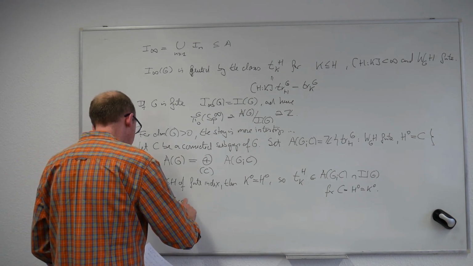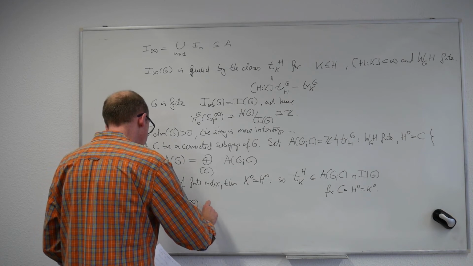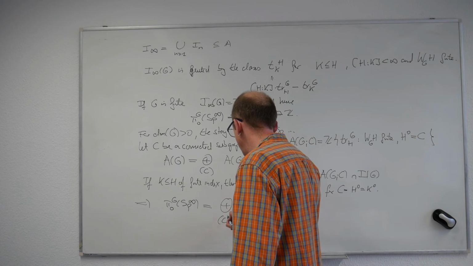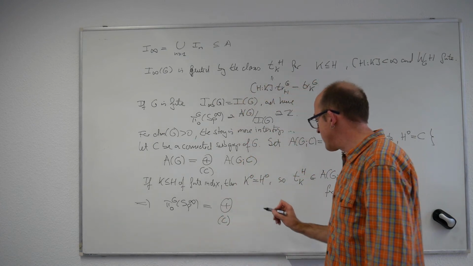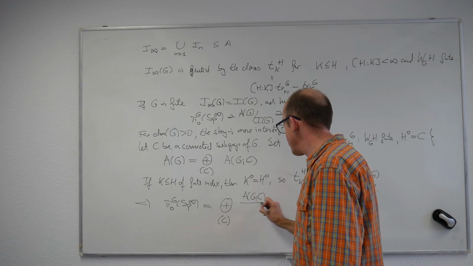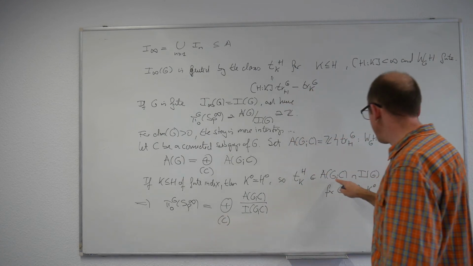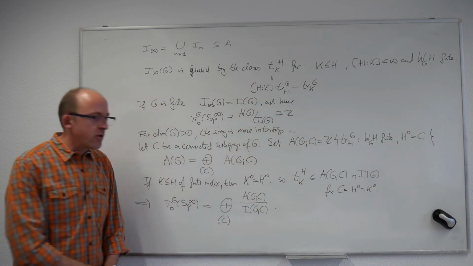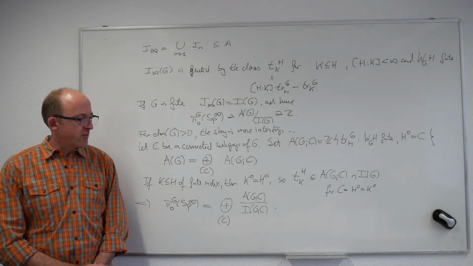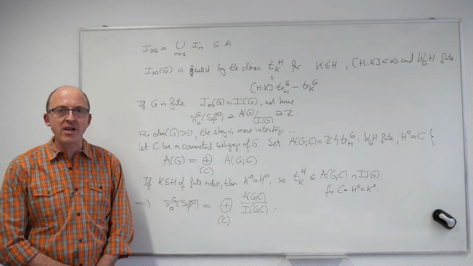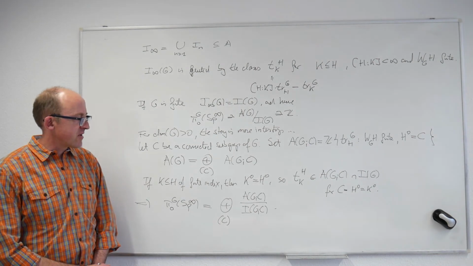Pi_0 of the G-equivariant SP infinity is the direct sum over conjugacy classes of connected closed subgroups of A(G; C) divided by I(G; C), which by definition is this intersection. If G is finite, then there's only one connected subgroup, the trivial group, and this doesn't give us any additional information, so this is interesting for compact Lie groups of positive dimension.